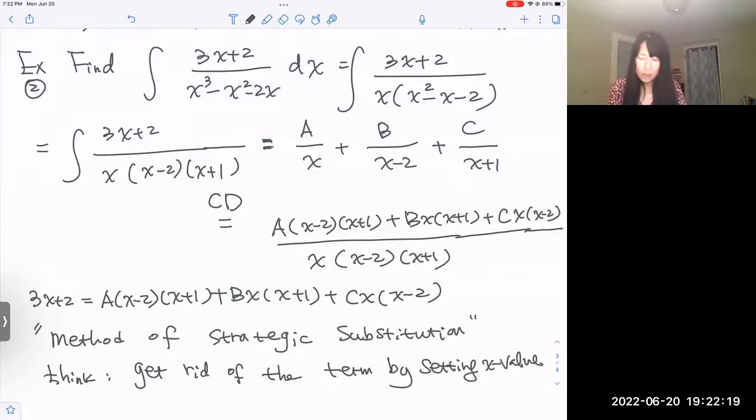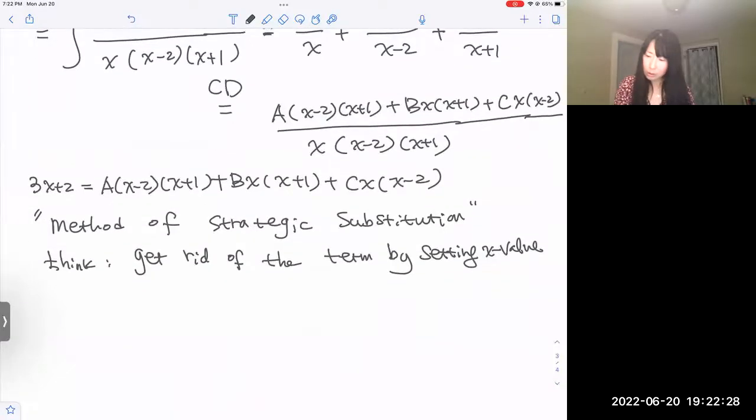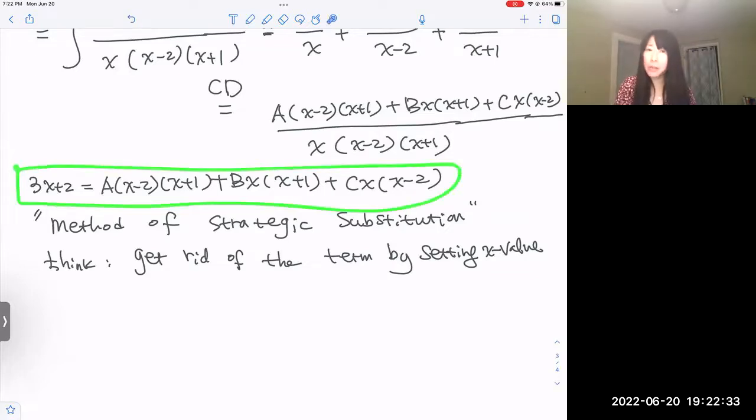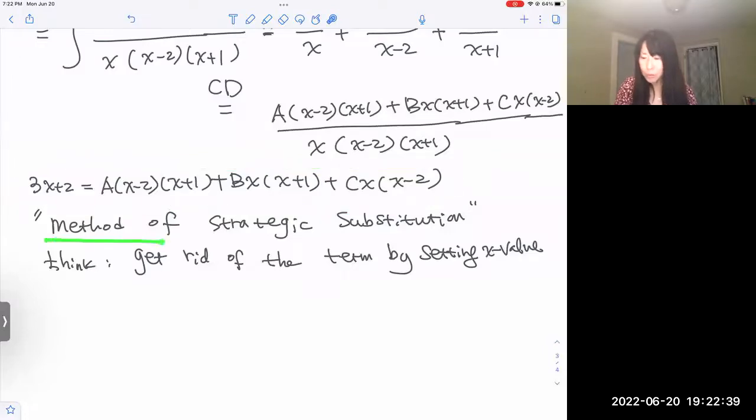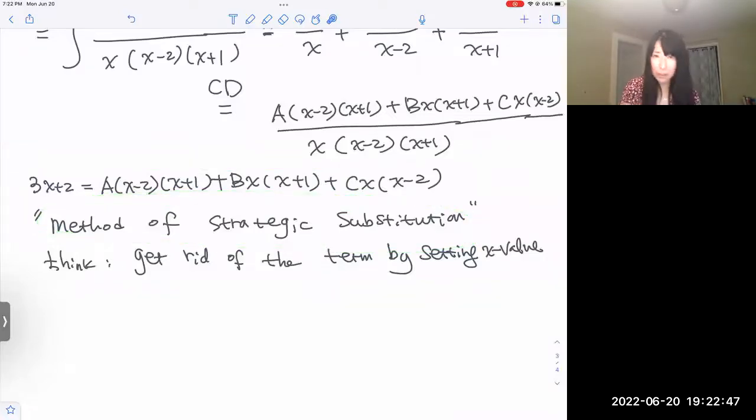For example, let x equal 0. Looking at this, we're going to find the constants A, B, C. One method is strategic substitution, and the second method is equating coefficients, which is a system of equations. I will show you the system of equations later on in another problem. For this problem, let us do this.